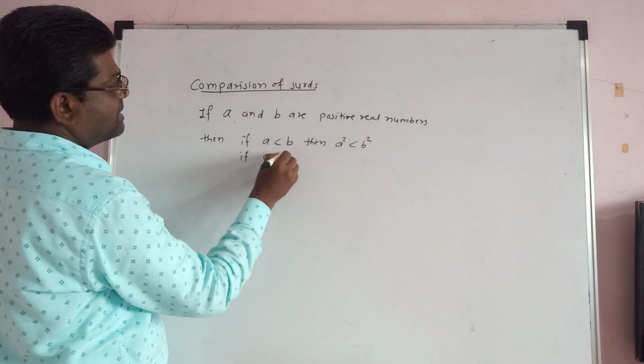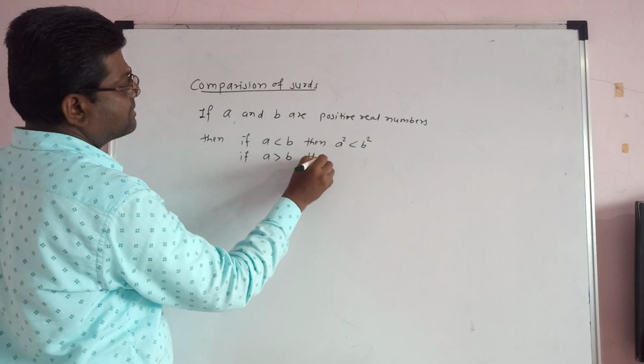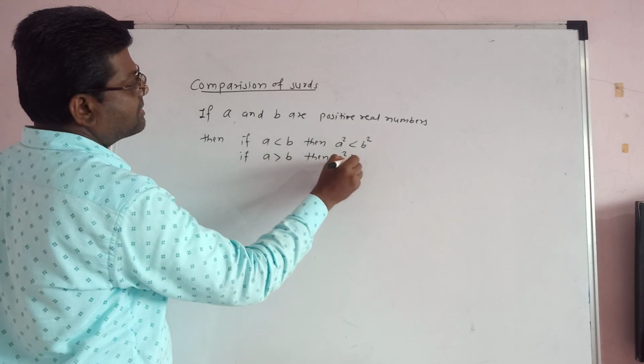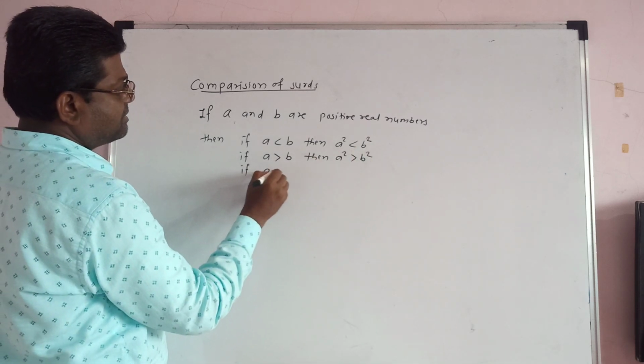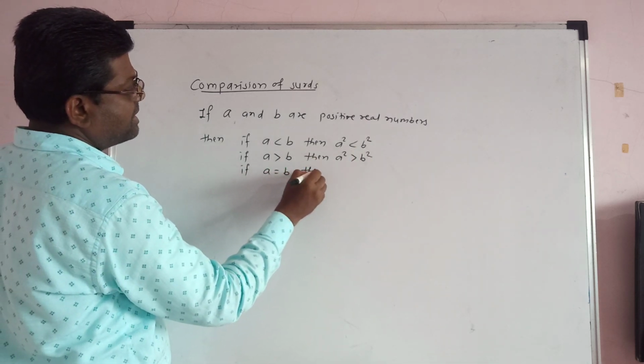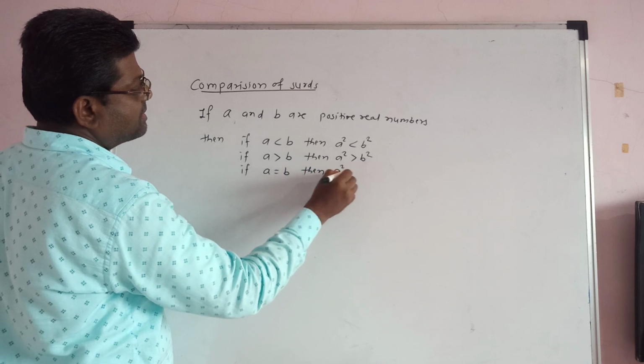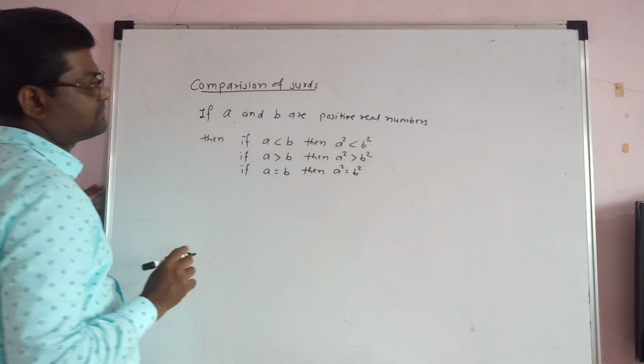If a is greater than b, then a square is greater than b square. If a is equal to b, then a square is equal to b square.